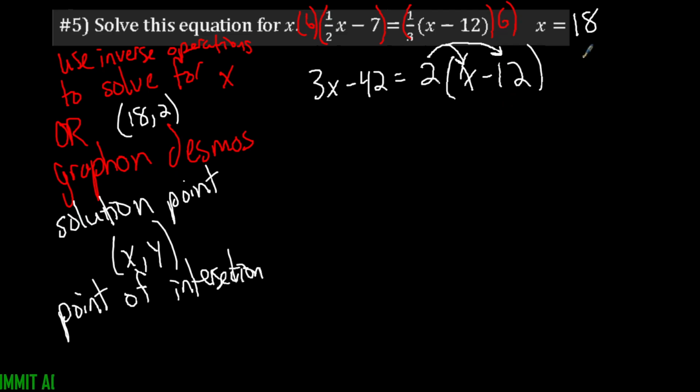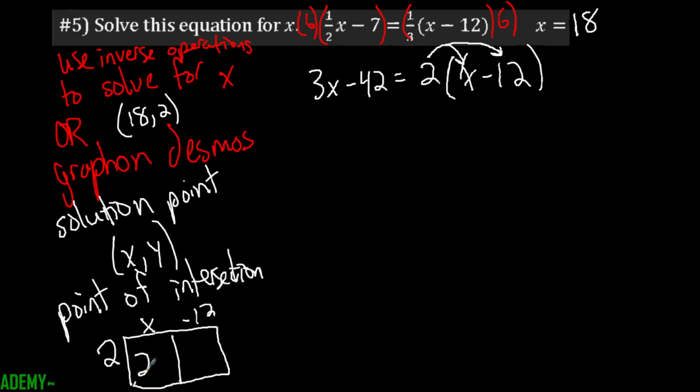So I'm going to say if I need to, I can do it on the side here. So let me actually do like this. So I'd say 2 times x and negative 12. So I have 2x and negative 24. So this is going to be, left side stays the same. Right side is going to be 2x minus 24.